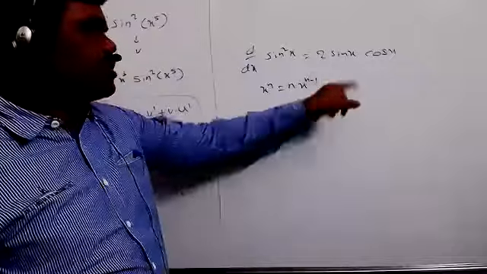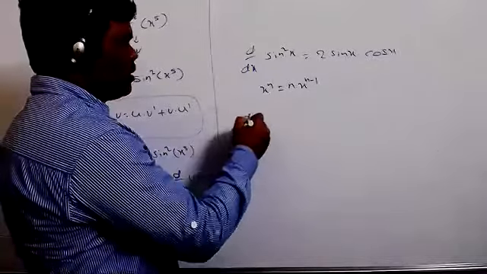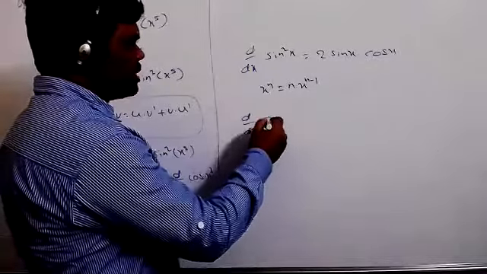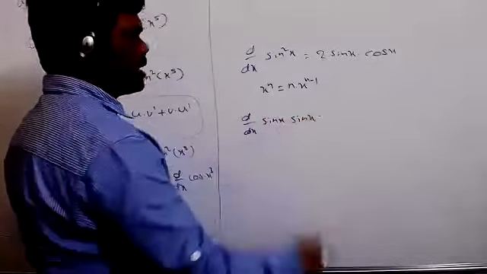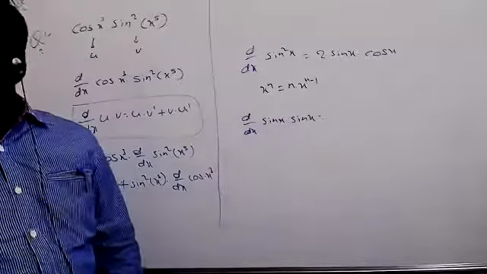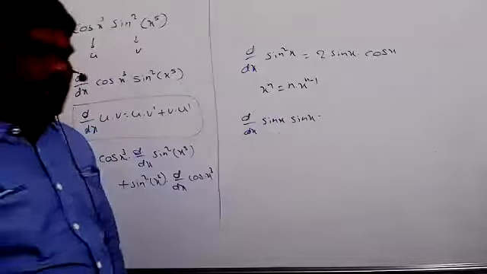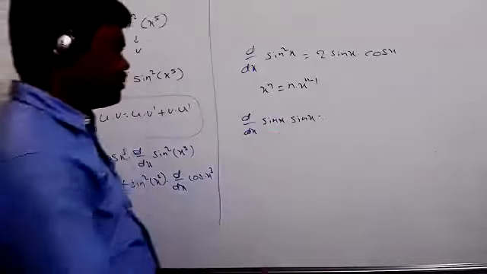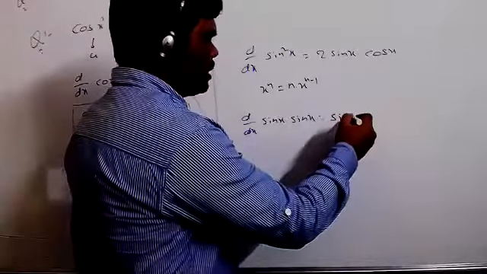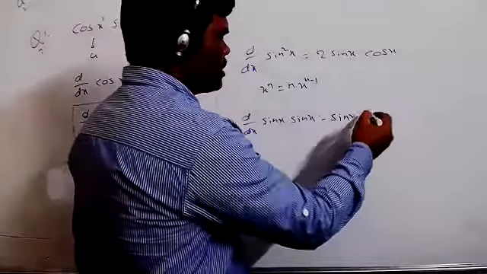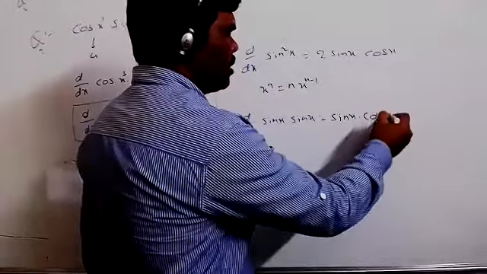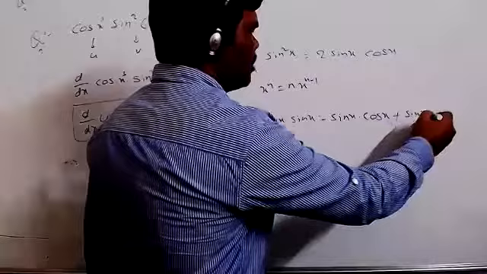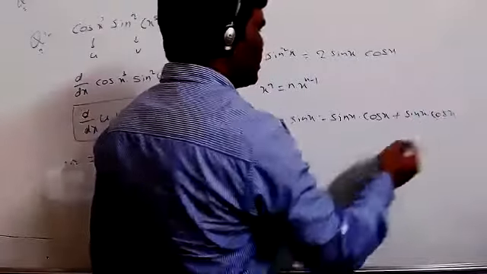But how to get this answer? d by dx of sin square x, you can write as sin x into sin x. Now u into v, the same formula I can apply. So sin x into differentiation of sin x, which is cos x, plus again sin x into cos x.